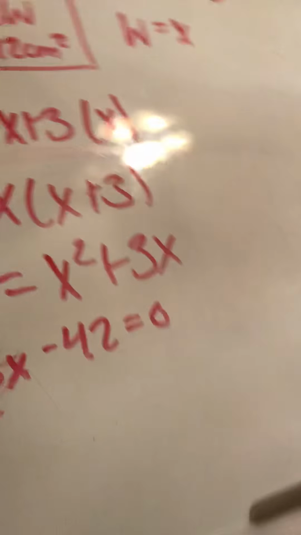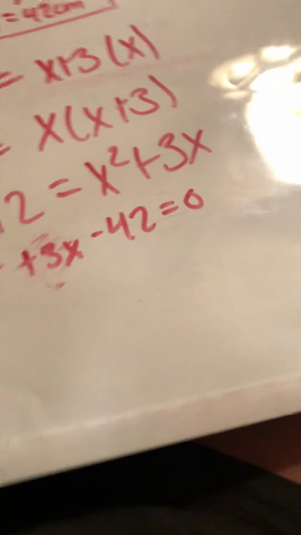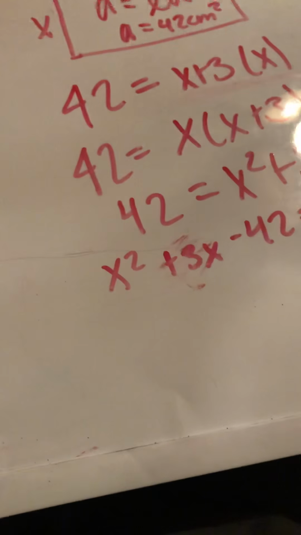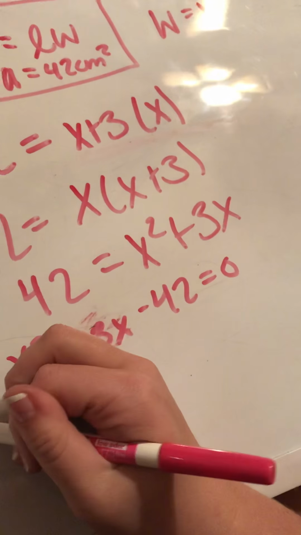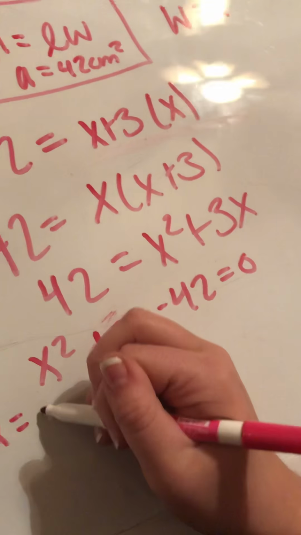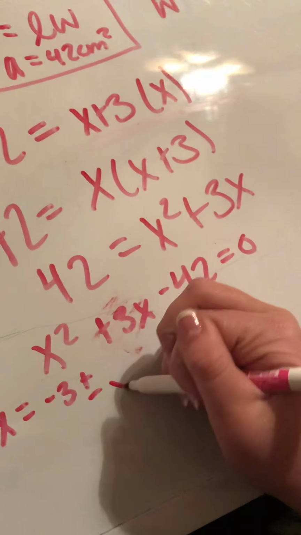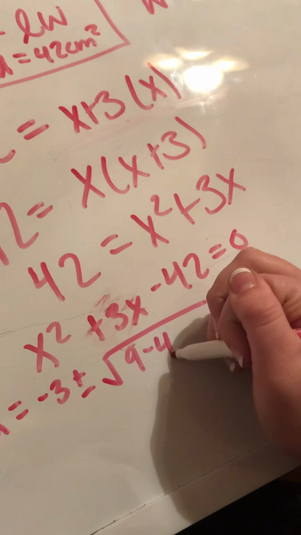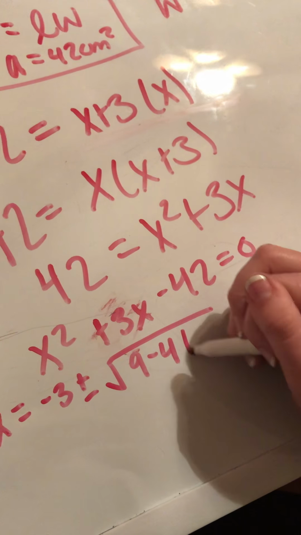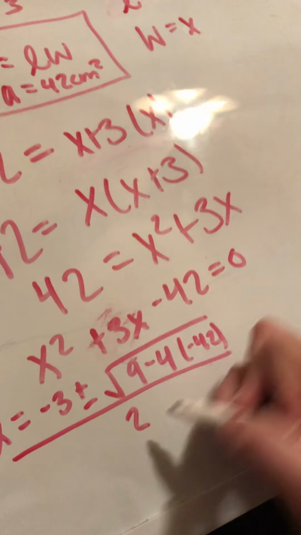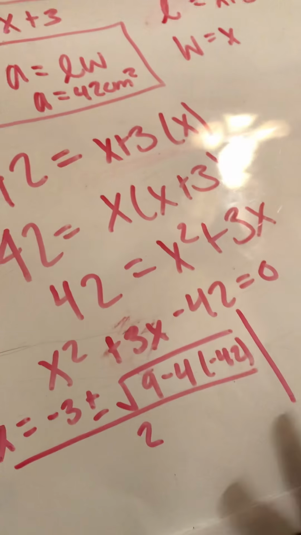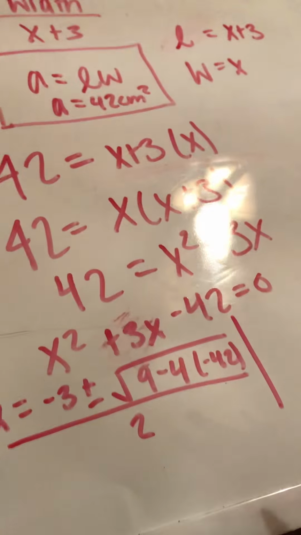I can't think of anything off the top of my head that would factor, so we're going to use the quadratic formula. x equals negative b plus or minus the square root of b squared minus 4ac, all over 2a. You get to use a calculator on this, but I have the answer in front of me.